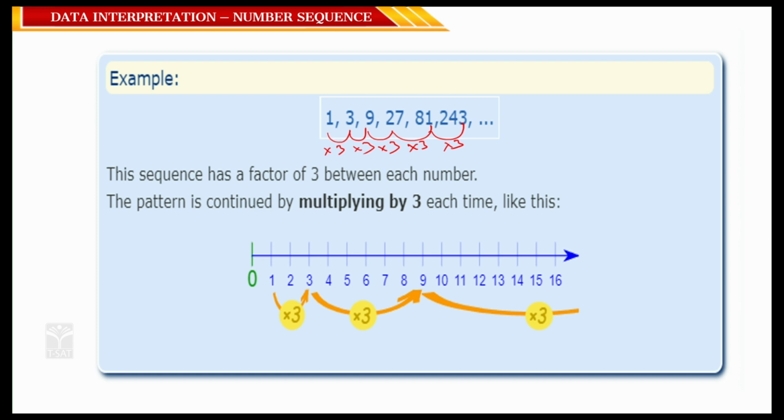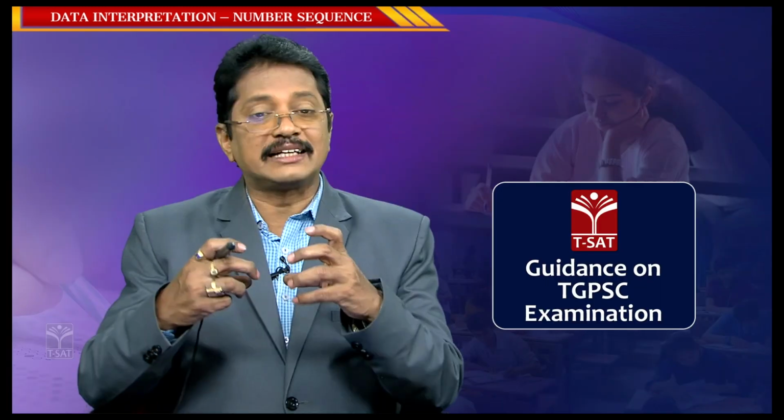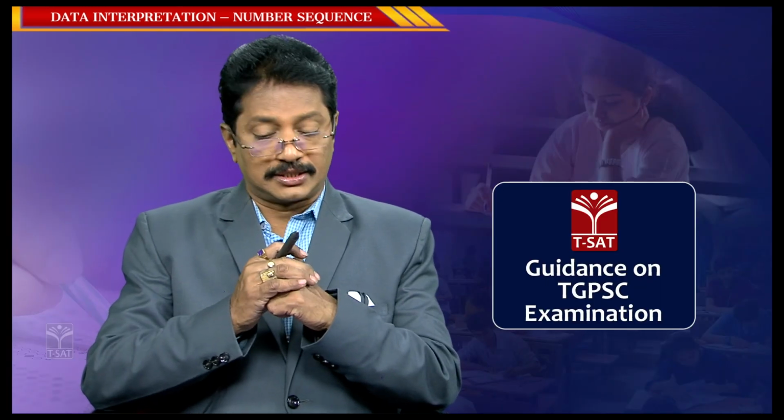So, here 3 is called the common ratio. The next number will be generated by multiplying with a fixed number which is called the common ratio. This pattern is called geometric progression, geometric sequence or GP. Clear? Okay. Now, we will see the terminology and the formulas of geometric progression here.